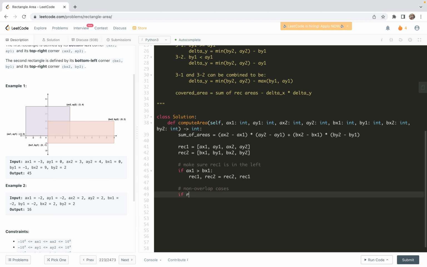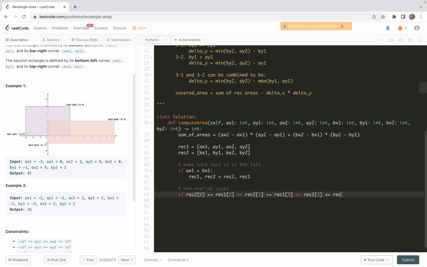So now let's check the non-overlap cases. This is actually very simple based on the three cases above. Either rec2 is to the right, so the x coordinate of rec2 is larger than or equal to the larger x coordinate of rec1, this is one case.